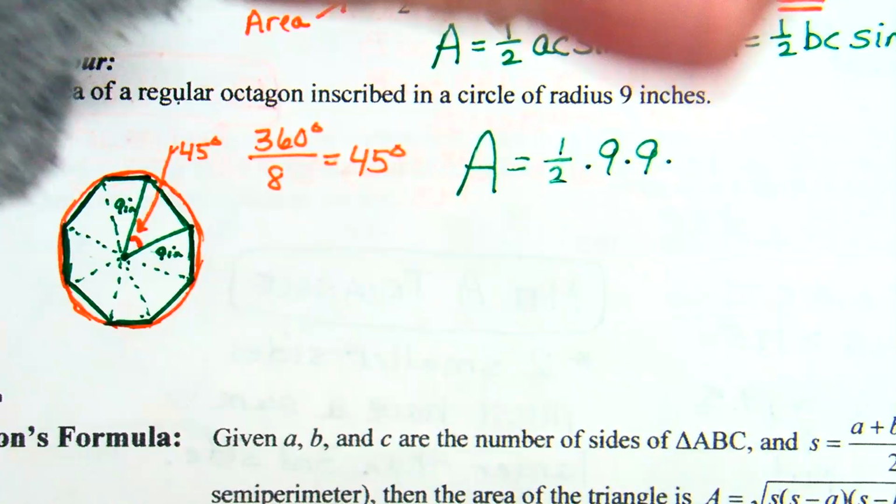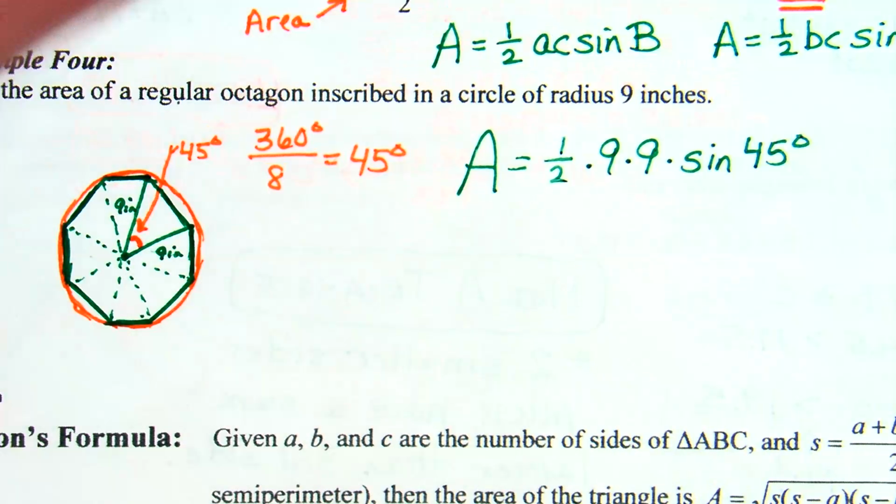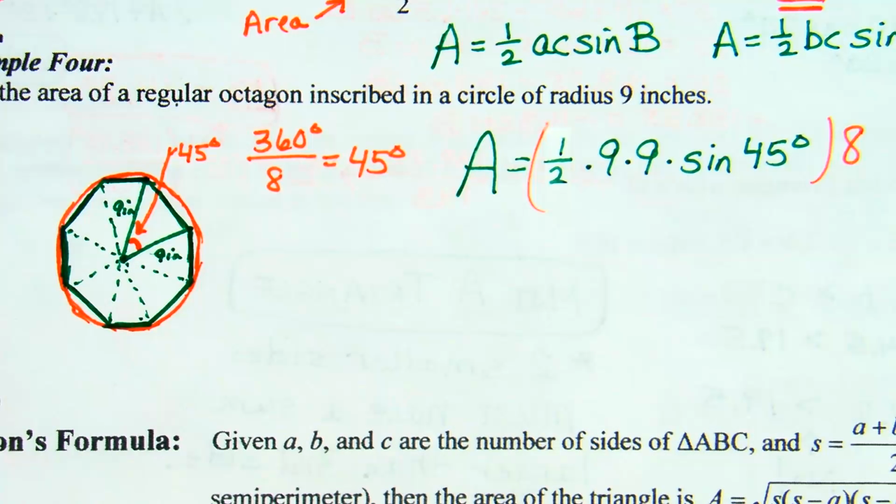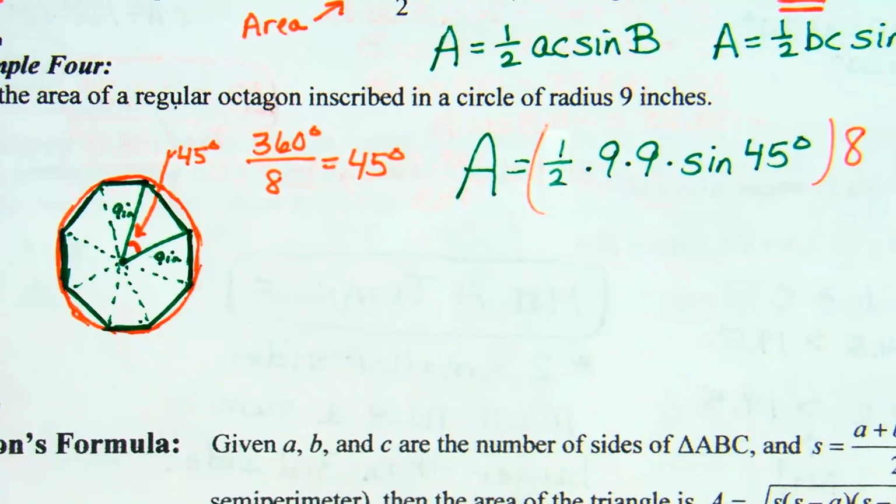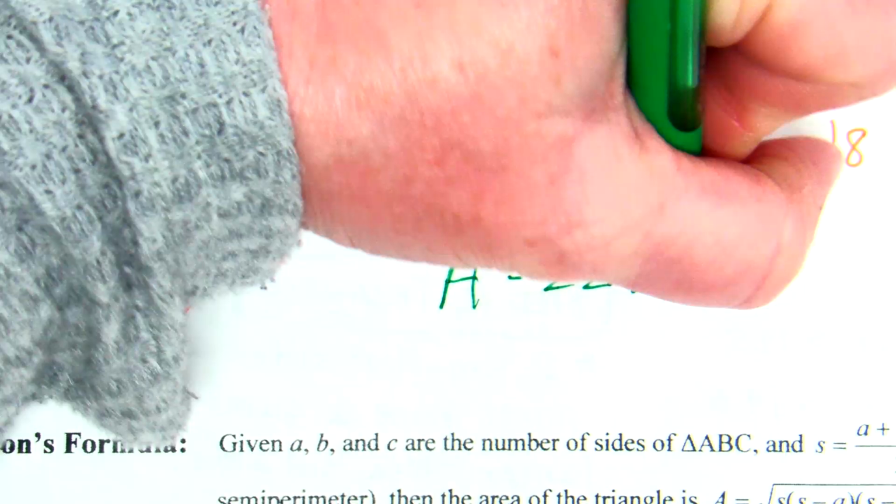How many triangles do I need? 8. So you punch that all in your calculator, 1/2 times 9 times 9 times sine of 45, get that answer, and then you need 8 of them, so multiply by 8. And we end up with an area of, I have 229 inches squared written down as my answer. Don't ask me why I went whole number, that's what I have. It's area, so it's inches squared.